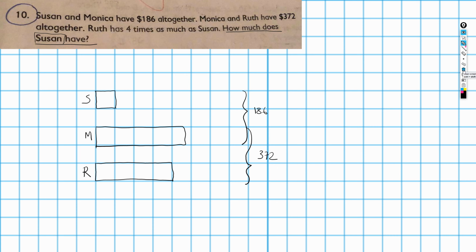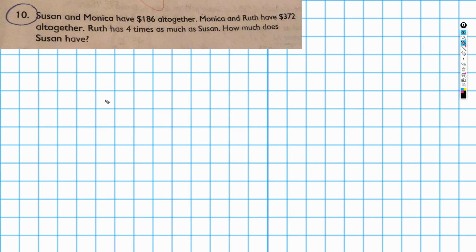So then I thought, okay, I'm going to draw a model for each of these. So Susan and Monica, and then we have also Monica and Ruth. And again, Susan's got this 1 block and Ruth has got this 4. And then Monica has this arbitrarily sized piece, we don't know how big it is, although it's the same.